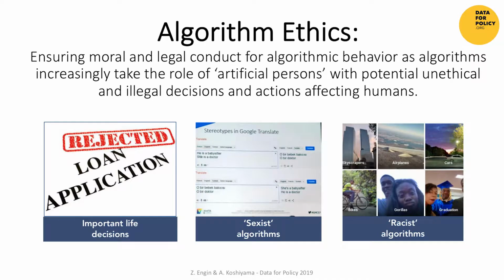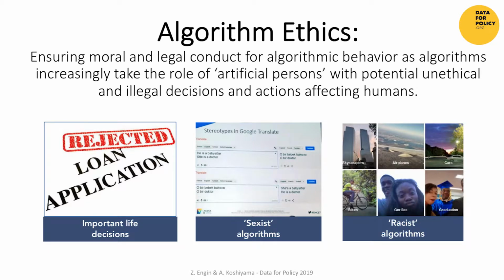In the middle, I have a stereotype example from Google Translate. So what is happening, if you can't read it? Basically, we have two sentences: He is a babysitter and she is a doctor. These two sentences are translated into a gender-neutral language.